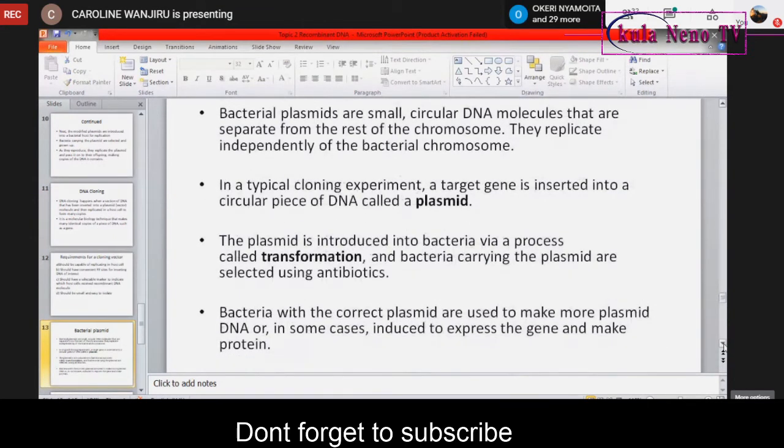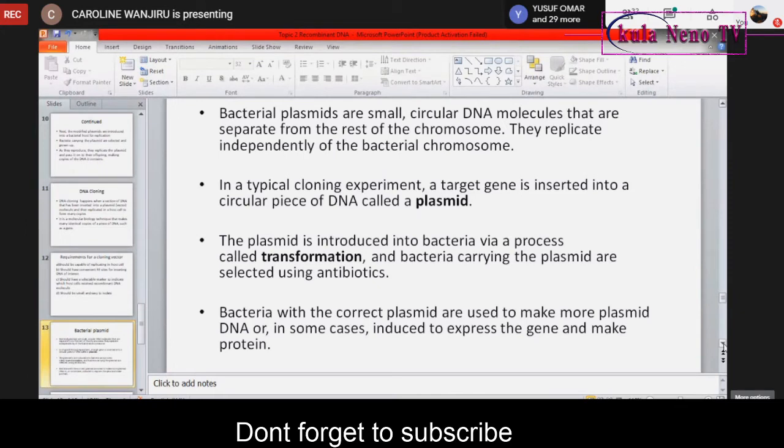Bacteria with the correct plasmid are used to make more plasmid DNA, or in some cases, induced to express the gene and make protein.